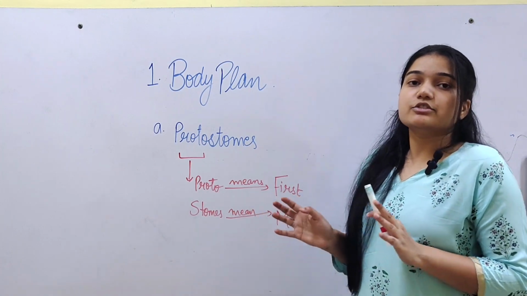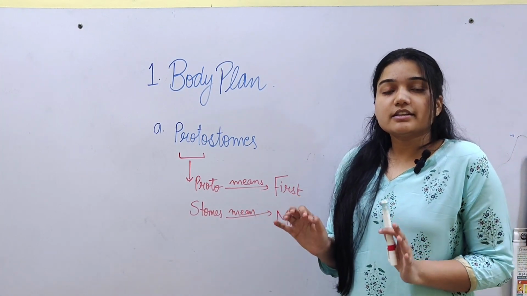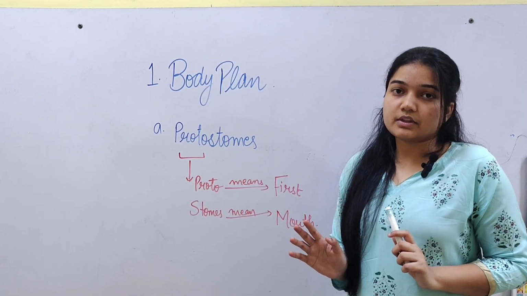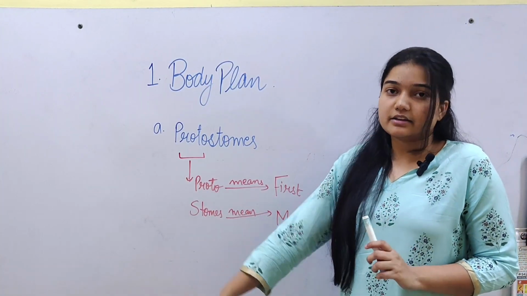In an animal that has a protostome body plan, the mouth is formed first and then it is followed by the anus.